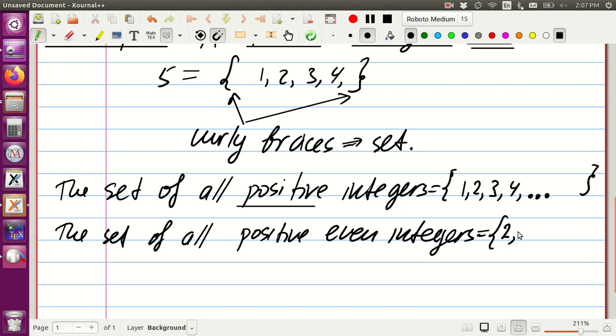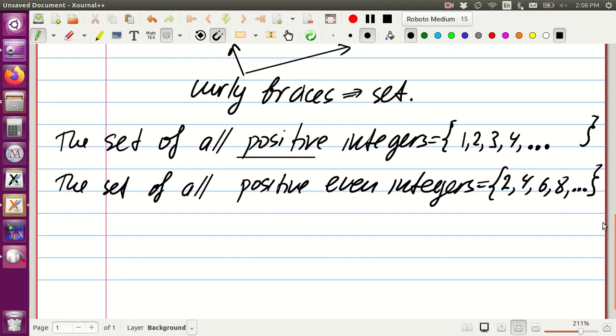We would have to include 2, we would have to include 4, we would have to include 6, 8, and 3 dots means it will keep going. All right, so we gave few examples how to do that, but let's try to build up on this idea of writing sets out.